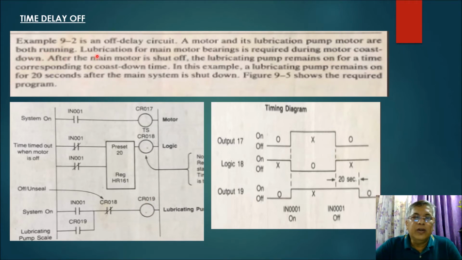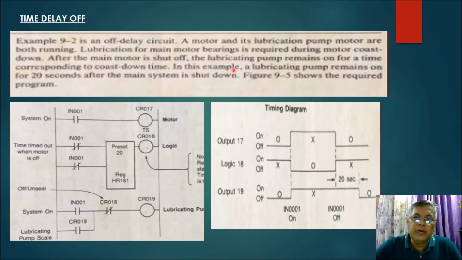Okay? Lubrication for main motor bearings is required during motor coast down. So after the main motor is shut off, this one here is shut off, the lubricating pump, this one, remains on for a time corresponding to a coast down time. The coast down time here is preset at 20 seconds.